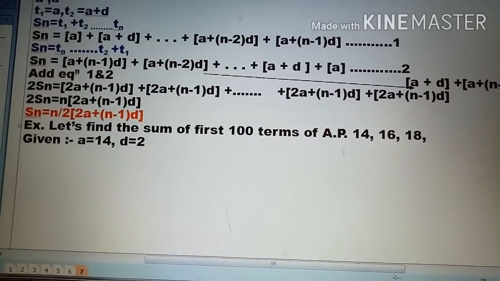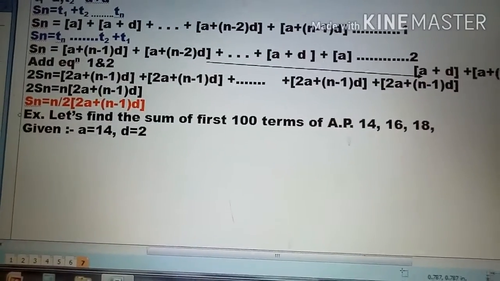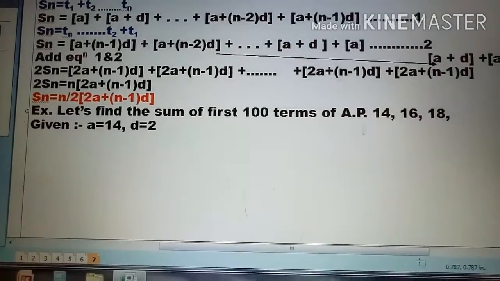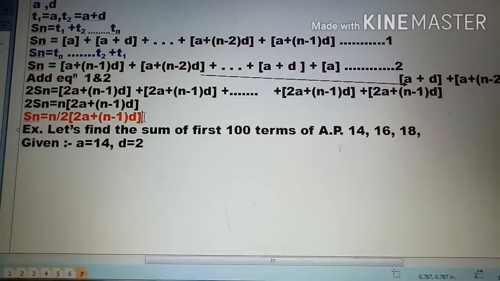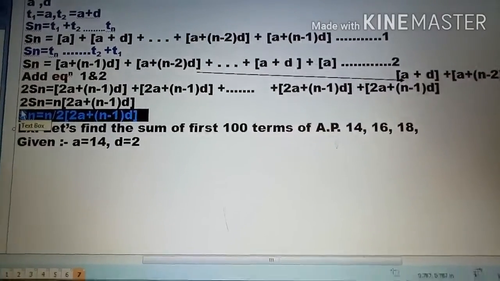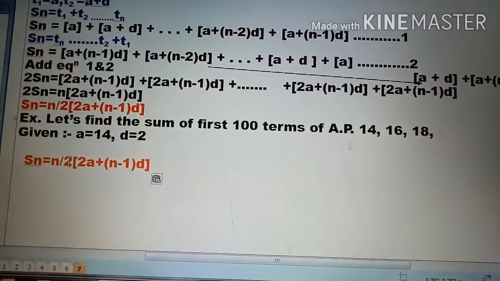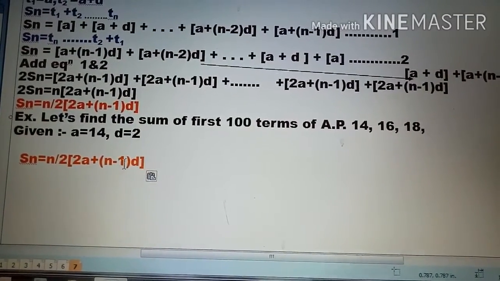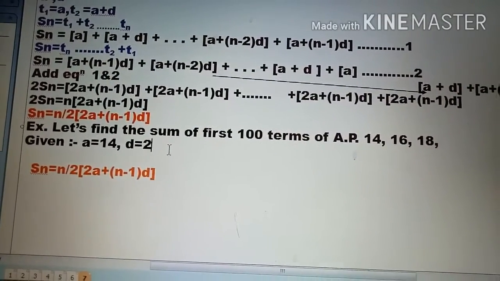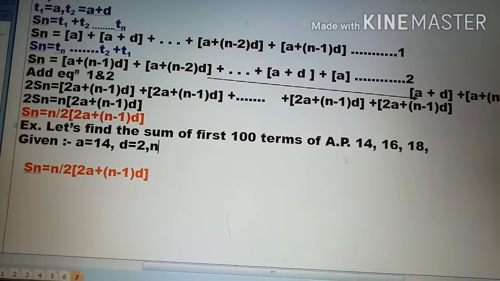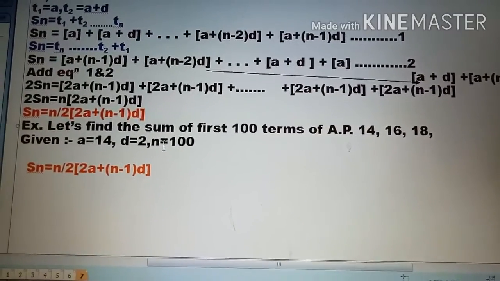So the n value is 100, and we know a and d, so we have to find S100. We use the formula for the sum of first n terms, Sn is equal to n upon 2 bracket 2a plus n minus 1 into d. a and d we know, and n is equal to 100 because we have to find 100 terms.